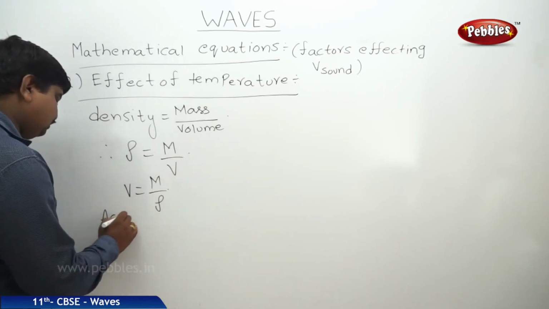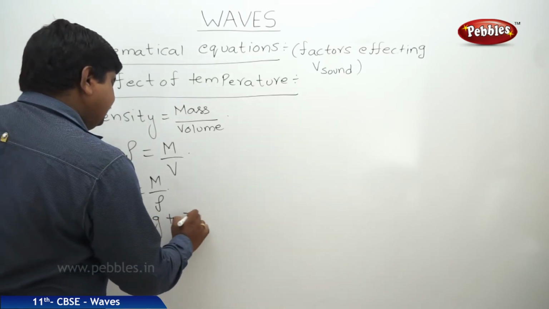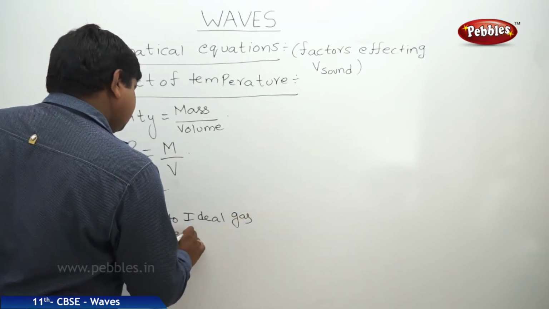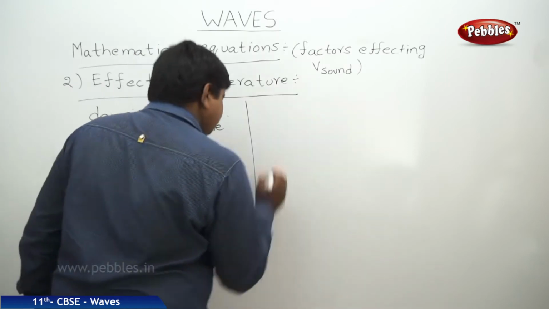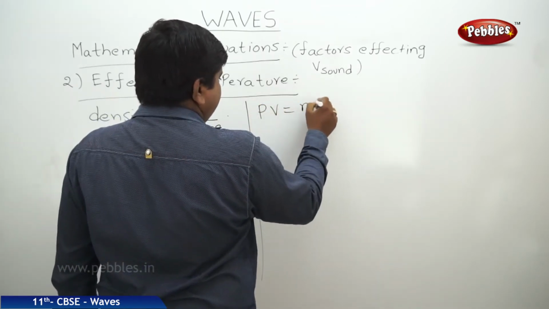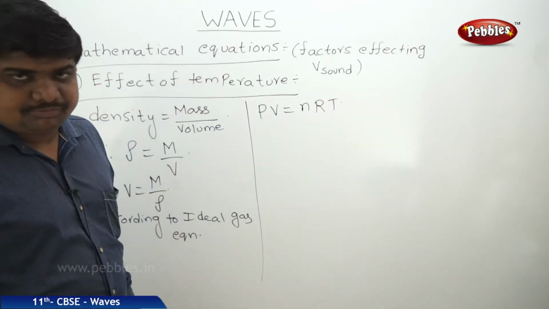So according to the ideal gas equation, PV is equal to nRT or mu RT, where n or mu represents the number of moles.